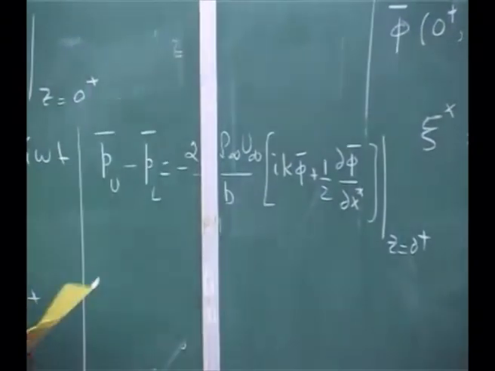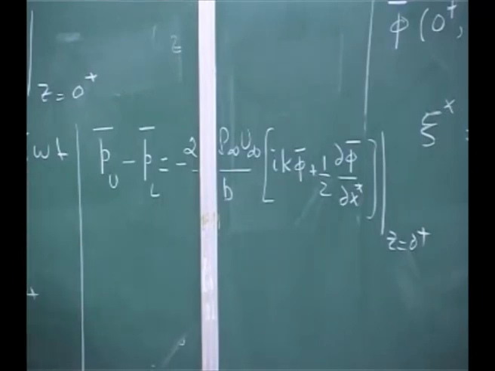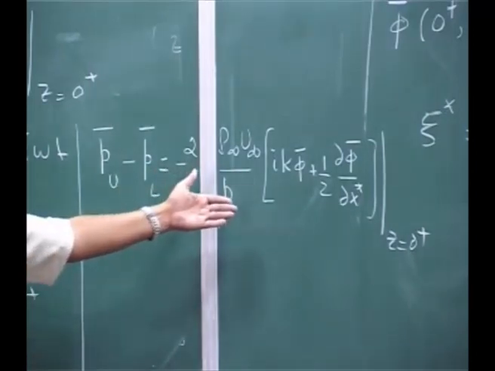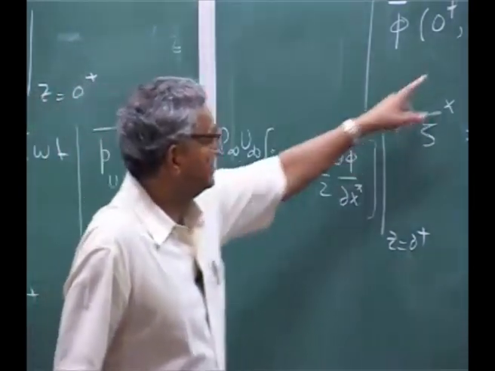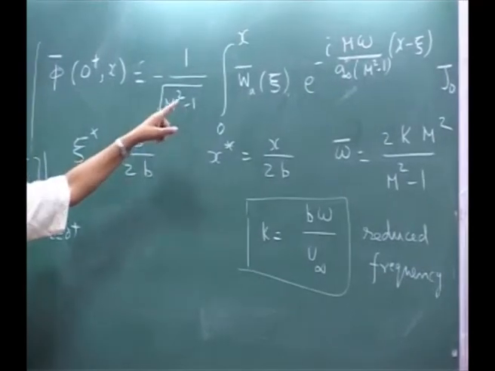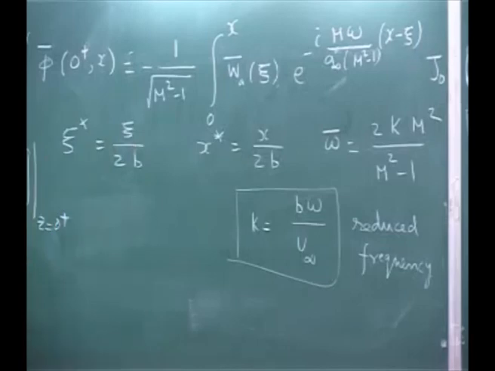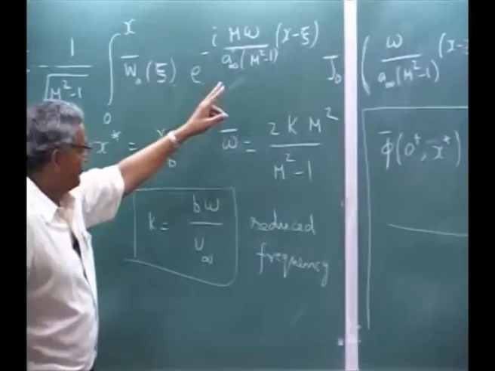So this is my differential pressure. Now if I know the pressure, the phi bar, I know it here, that means the only thing is, if I know this integral, please understand this integral is a function of this omega.